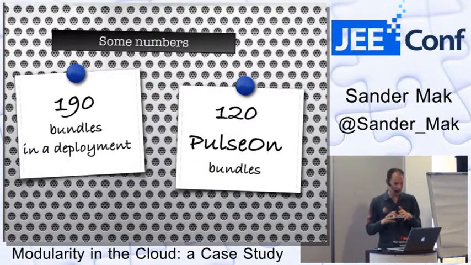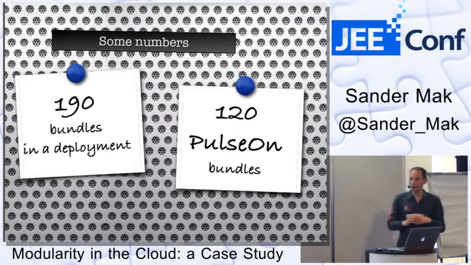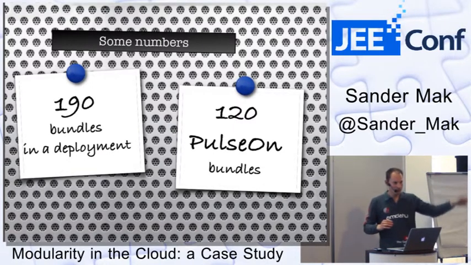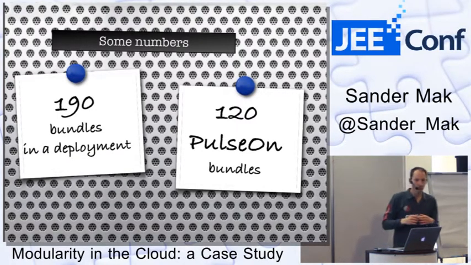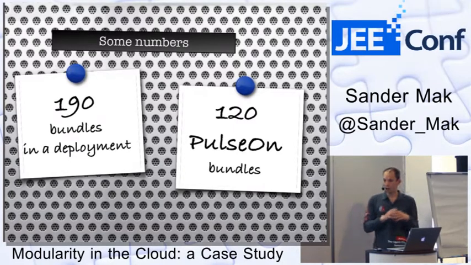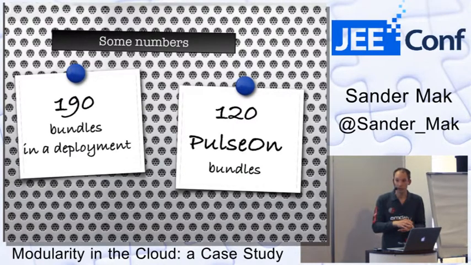So does it mean that when we open our development environment, we get 120 projects beneath each other? Well, fortunately not, because an OSGi bundle with the tooling that we use, which is Bndtools, doesn't have to map directly to a single Eclipse project or a single project in your version control. A single project can emit multiple bundles.